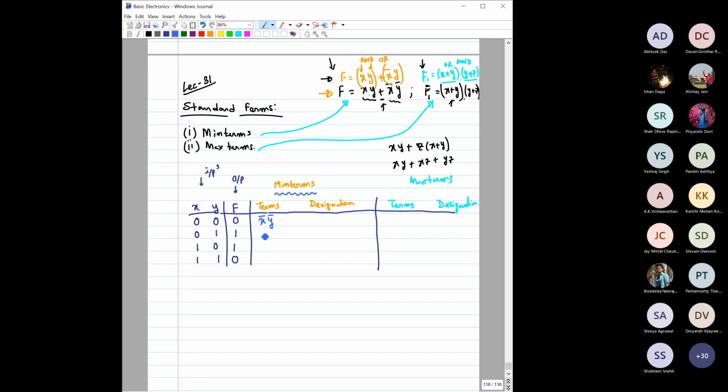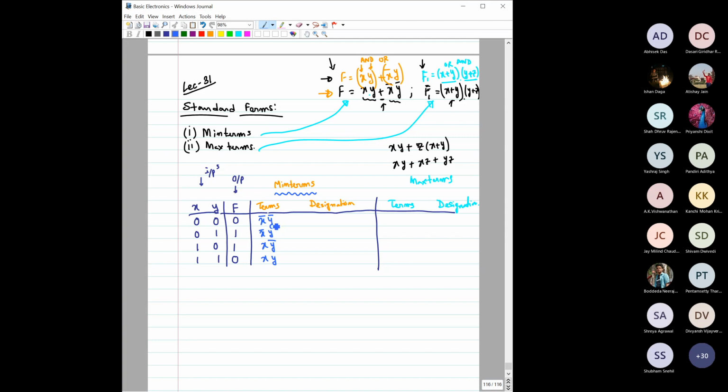So 0, 1 is x bar, y. Then 1, 0 is x, y bar. 1, 1 is x, y. And we know that when we write x bar, generally that means 0, and here also y0 means y bar.